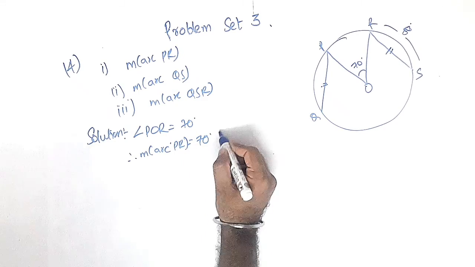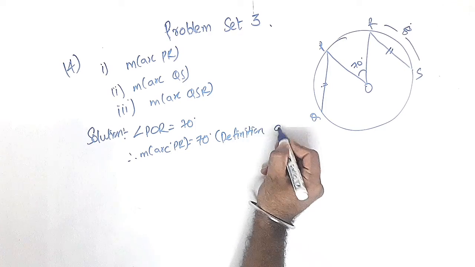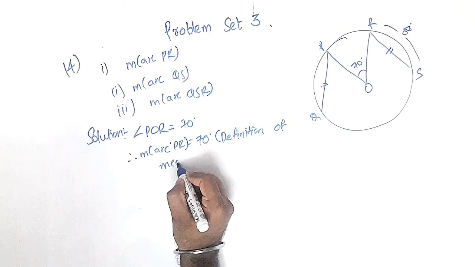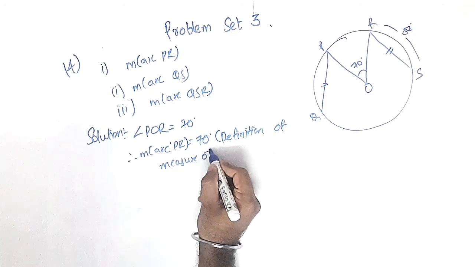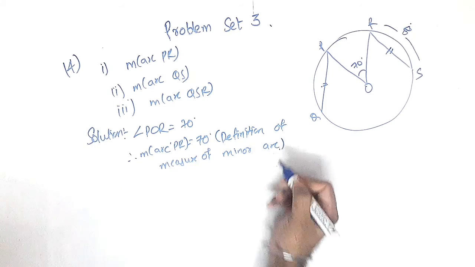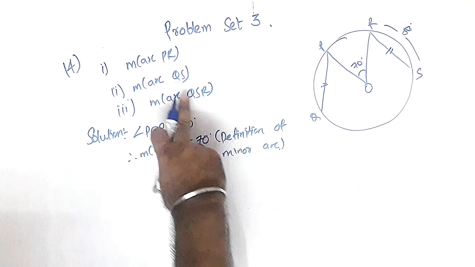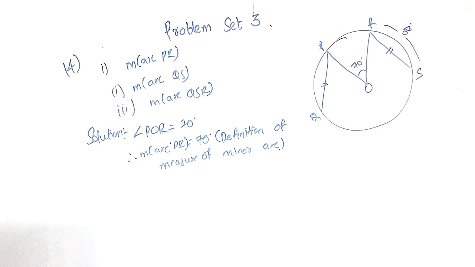This is called the definition of measure of minor arc. So measure arc PR is equal to 70 degrees. Now you have to find measure arc QS.